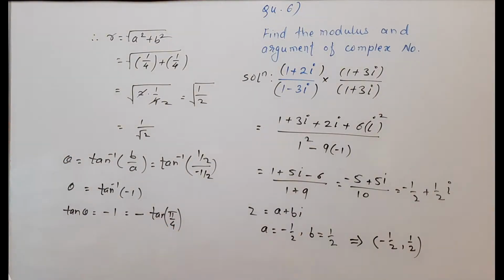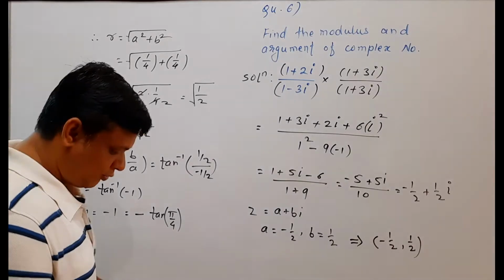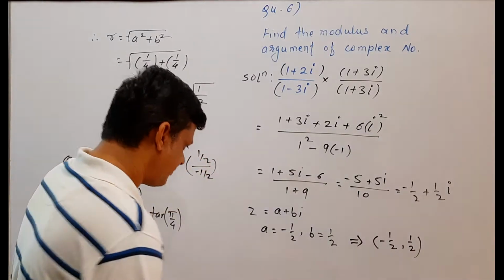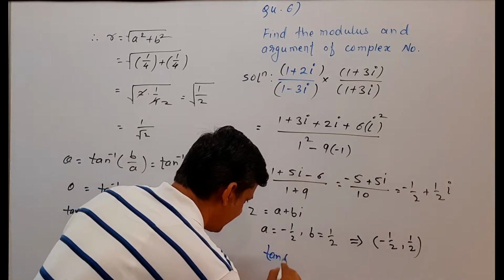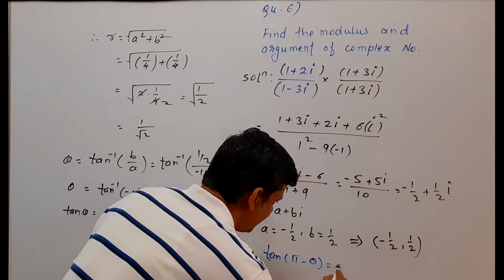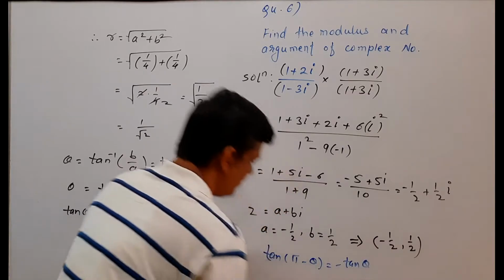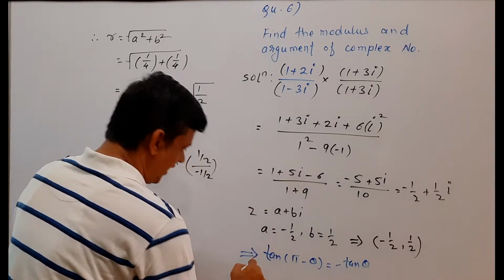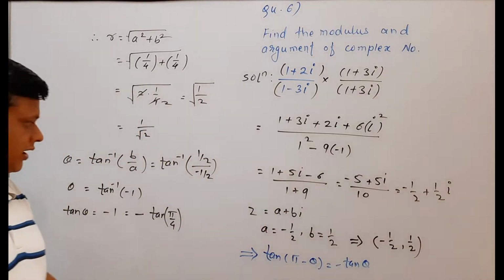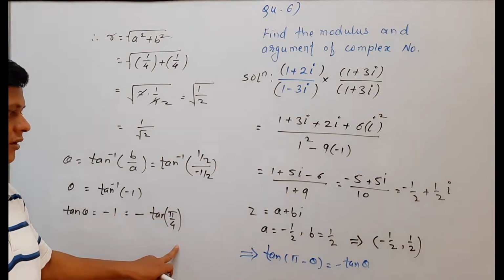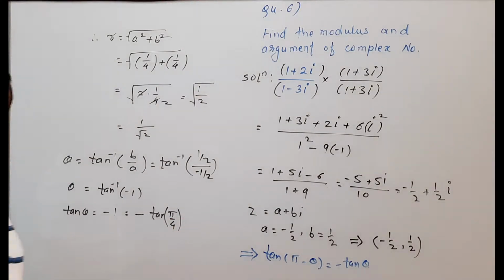We have to use the formula for the second quadrant, and we know that the formula for the second quadrant is tan(pi minus theta) is equal to minus tan theta. So we use this formula for converting the angle pi by 4 to an angle in the second quadrant.